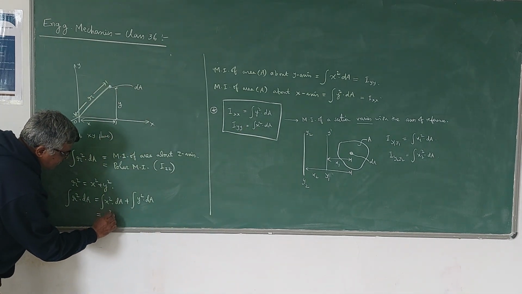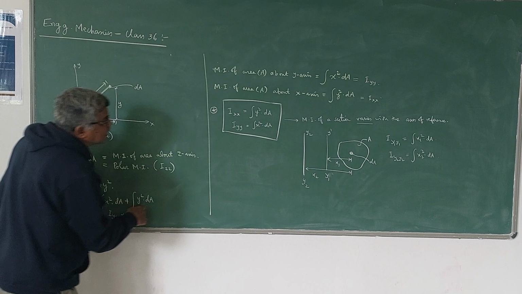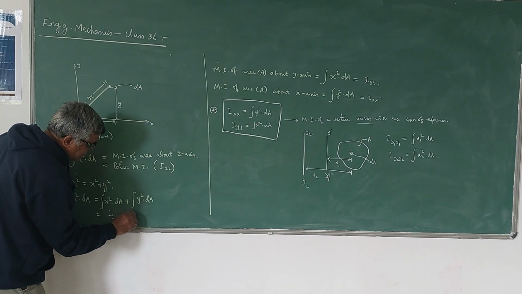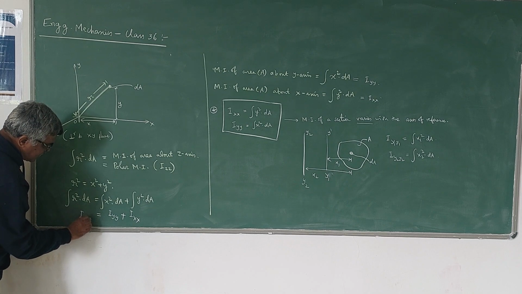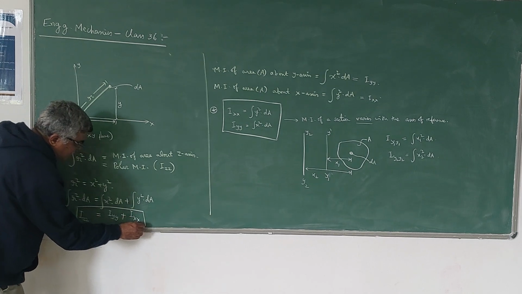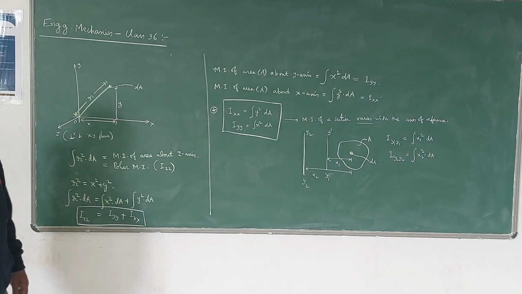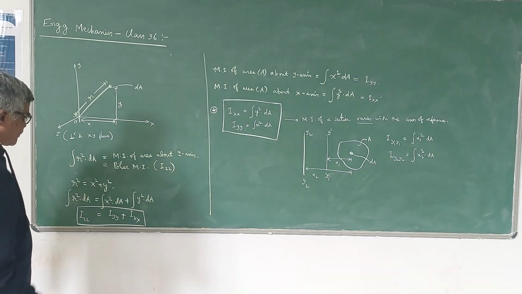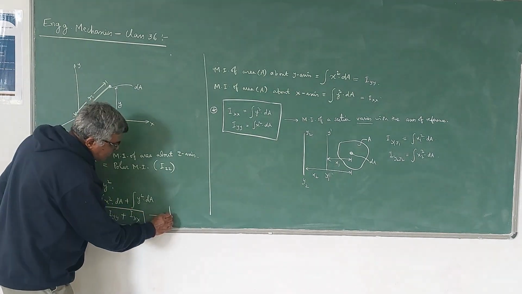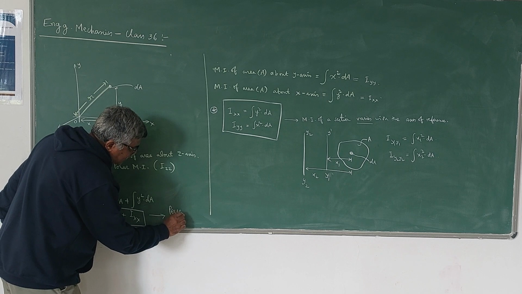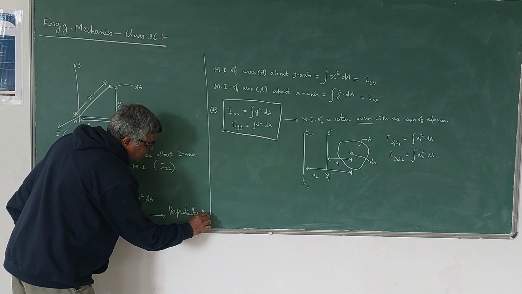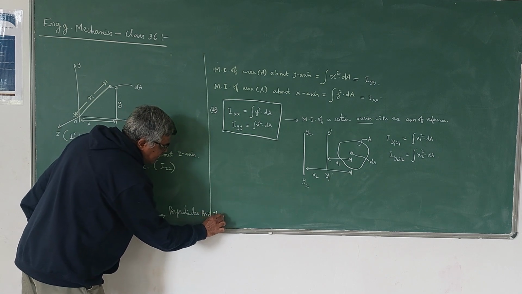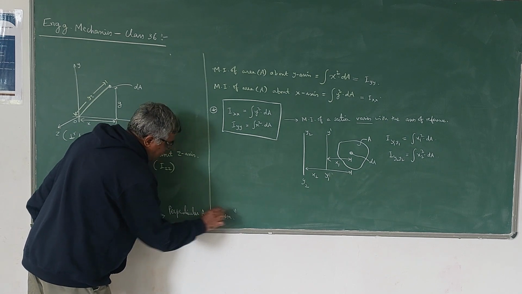So this is Iyy plus this integral y square dA is Ixx. And this is Izz. So that means Izz is equal to Iyy plus Ixx. So this is a very important concept. This is called as perpendicular axis theorem, because z axis is perpendicular to both the x and y axis.